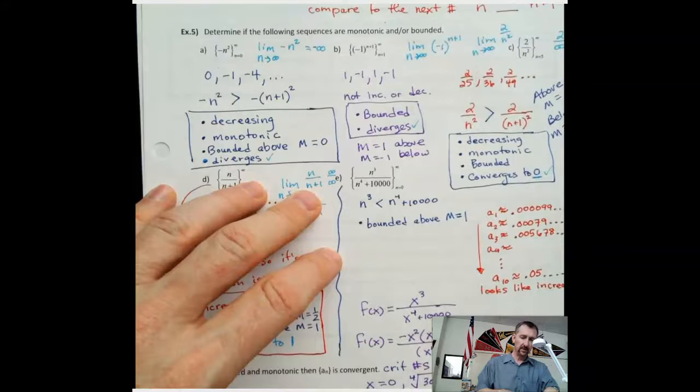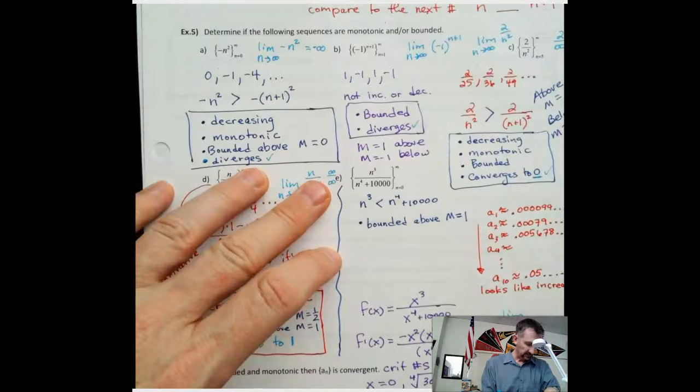It shouldn't show up. But the last thing to look at is the limit as n approaches infinity of that. So that's going to be n cubed over n to the 4th plus 10,000.